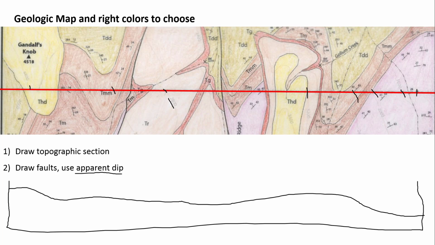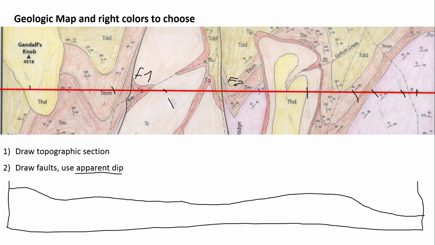For instance, here you have two faults. Let's call this one fault 1 and this is fault 2, and your cross section here is perpendicular to the fault strike, but it's not perpendicular here, and you need to use the apparent dip. I think you know so far how to do it.